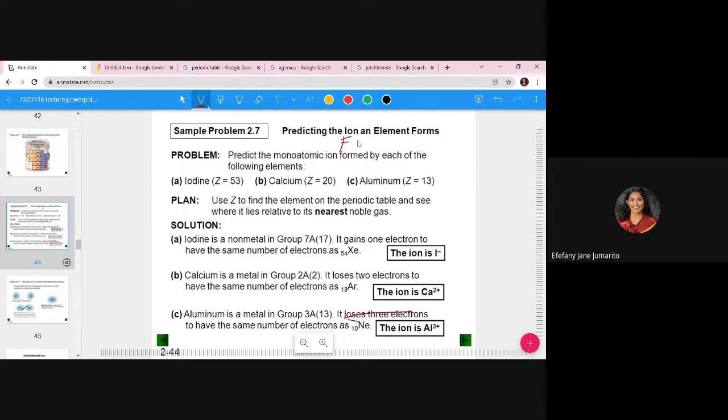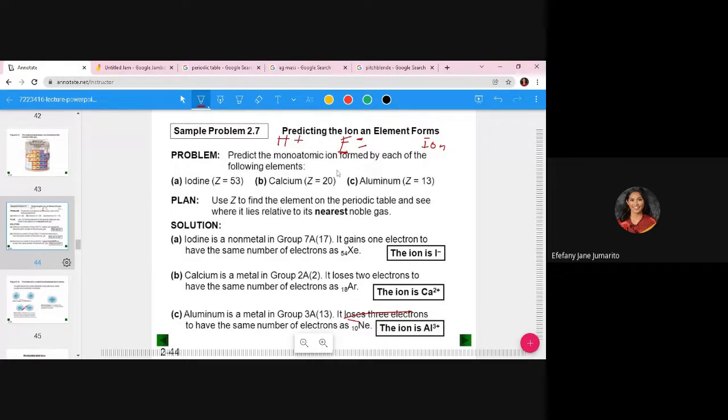If you put a charge, then it becomes an ion. Ions are charged particles, positive or negative, like H plus. When you read that one, it becomes fluorine ion.